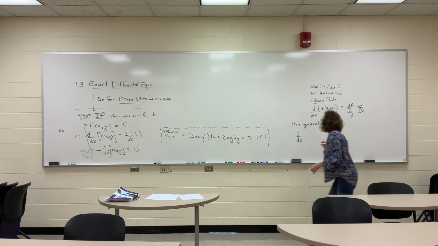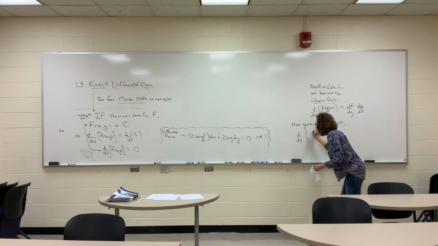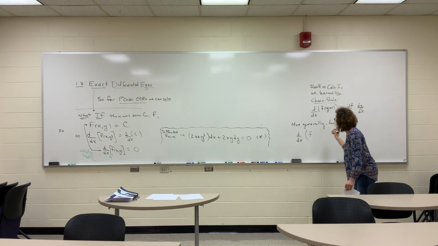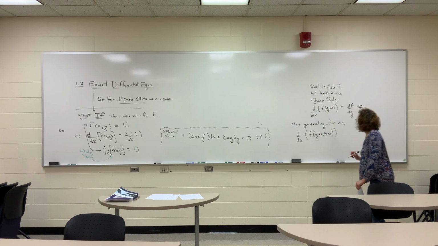We want to take the derivative with respect to x of, instead of that, some function, I'll keep it as little f to keep the notation the same, but it depends on two variables. So instead of one, I just put in another guy there.